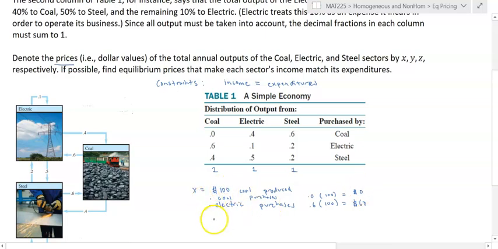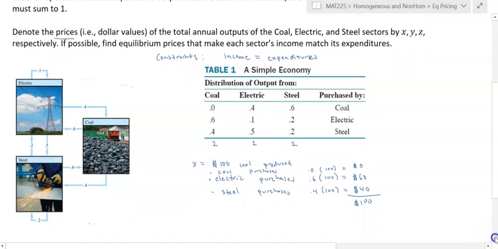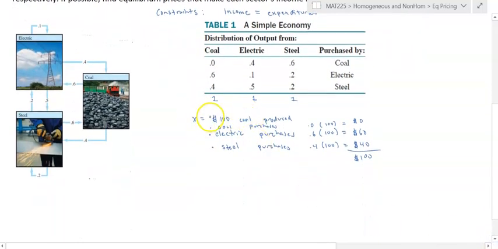And then the remaining $40 is going to be purchased by steel. Steel purchases 40% of the 100, which is $40. And so that sums to the $100, as it should, because these proportions add up to 100%.